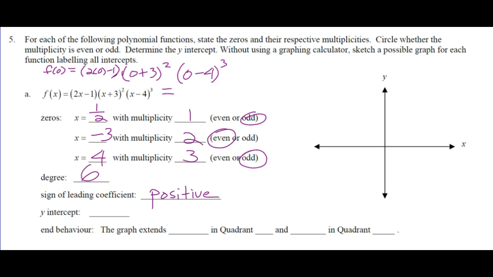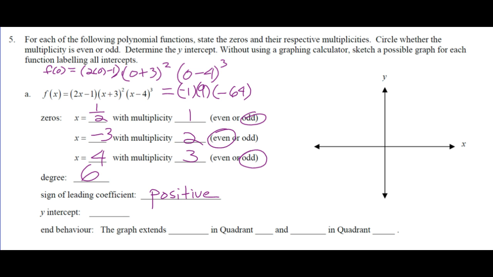So 2 times 0 minus 1 is -1. 0 plus 3 quantity squared is 9. And 0 minus 4 cubed is -64.